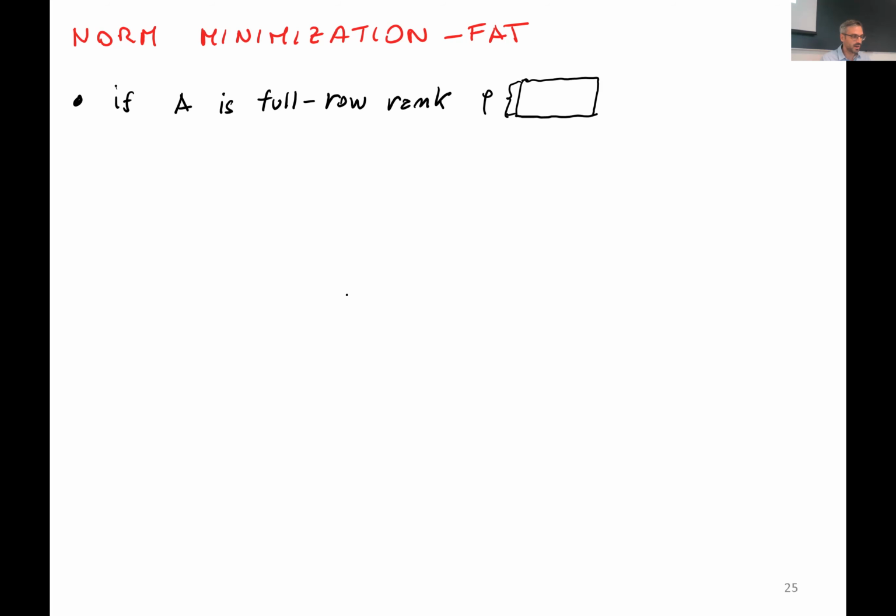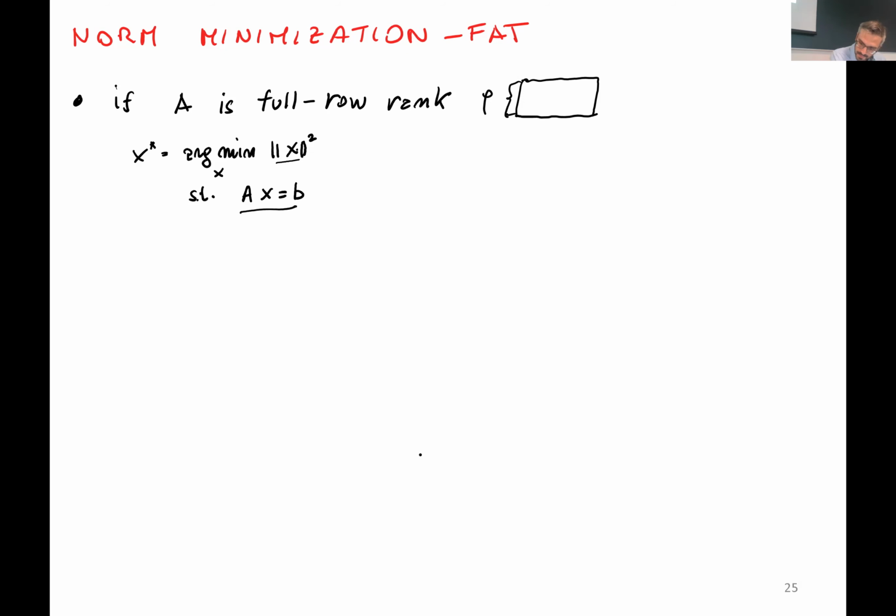Whenever A is full row rank, the solution is the one that minimizes the norm of X, this time subject to A X equal to B. Because it's full rank, the solution exists, but there are infinite solutions. And of these infinite solutions, we take the one that has minimum norm.